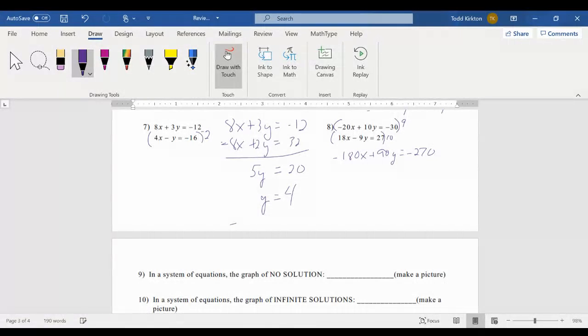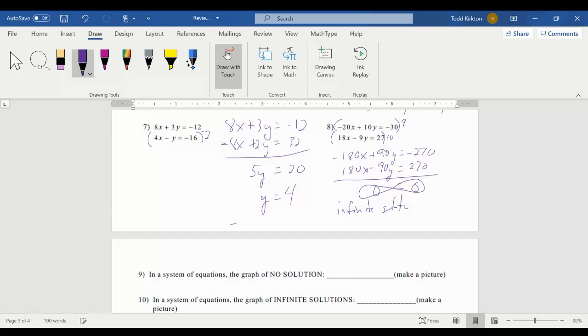Big numbers. Multiply the bottom one by 10, I get +180x minus 90y equals 270. Something looks kind of fishy, but I'm going to go ahead and add. I get 0 equals 0. This is a true statement. Variables are gone. It's a true statement. It also looks like an infinity sign, so that is infinite solutions.